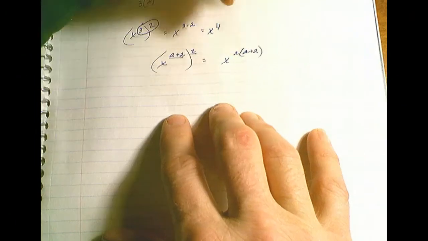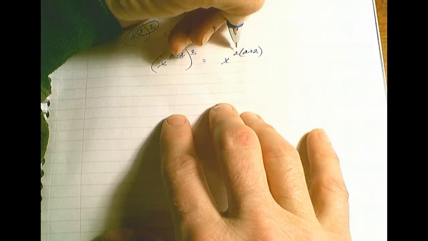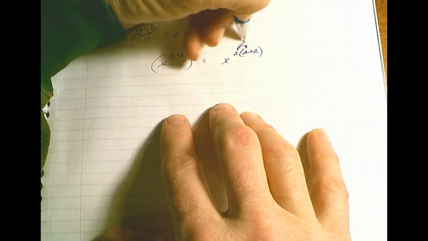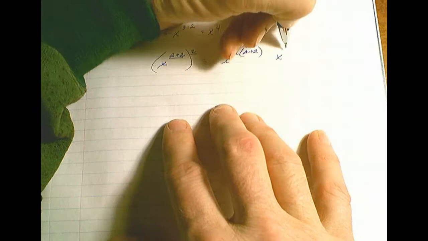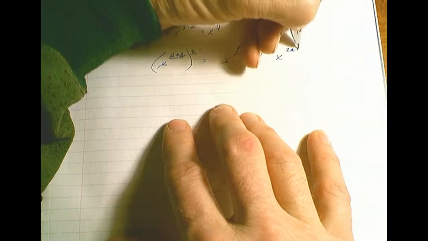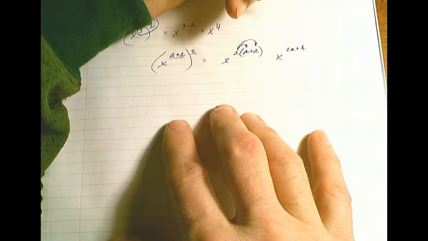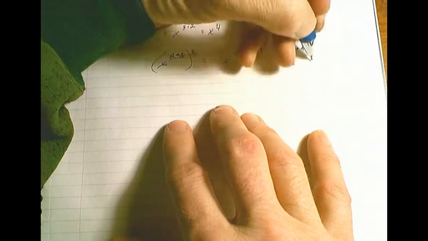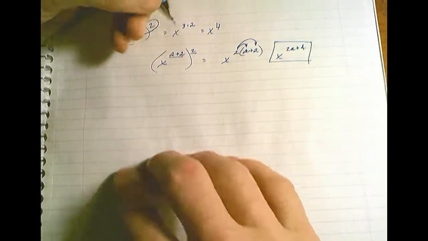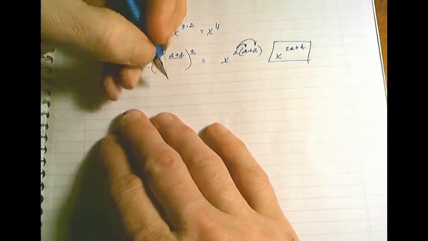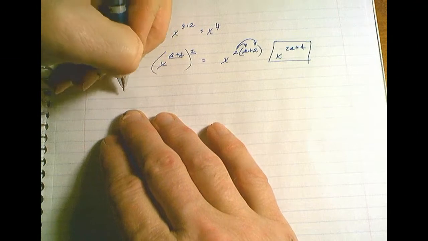I switch it around so that I can show really easily how to distribute there, which gives me x to the 2a plus 4 if I want to go that far. And that ends up being your whole answer. Okay, short and sweet. Let's put on one that's a little bit trickier.